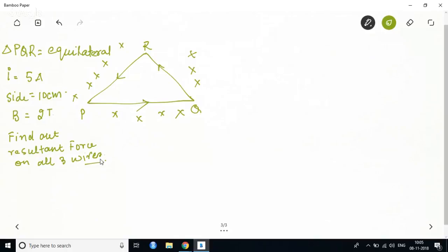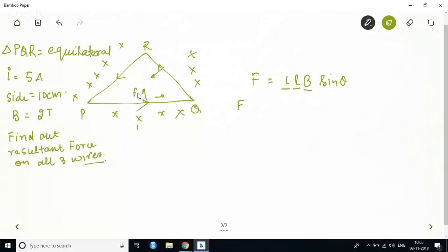Okay, so if angle is equal, so F value is equal to ILB sine theta. Now try to understand, as it is an equilateral triangle, L is equal, as current is equal and B is equal for all of them. Suppose force F1 is working. So if you put your fingers in this direction and palm inside it, the F1 would be like this.